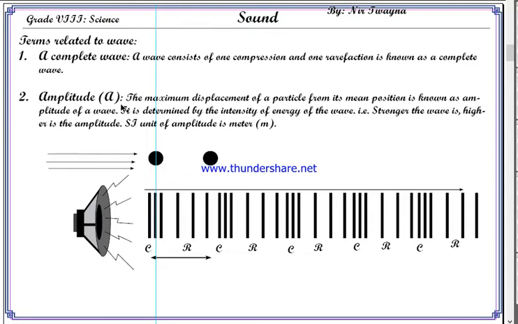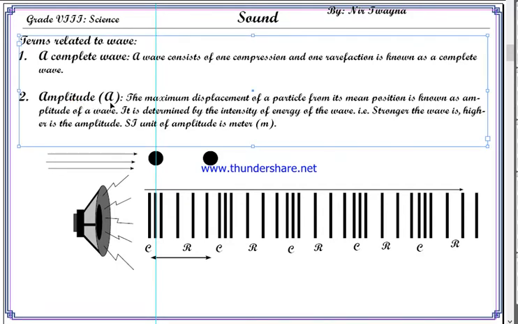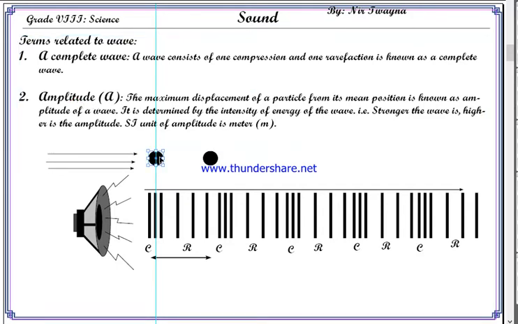Okay, now let's discuss amplitude. I told you this is a particle, yes? By applying force, it displaces from its mean position. This is the mean position. Due to application of force, it displaces a certain distance. So how far will it move from its original position?